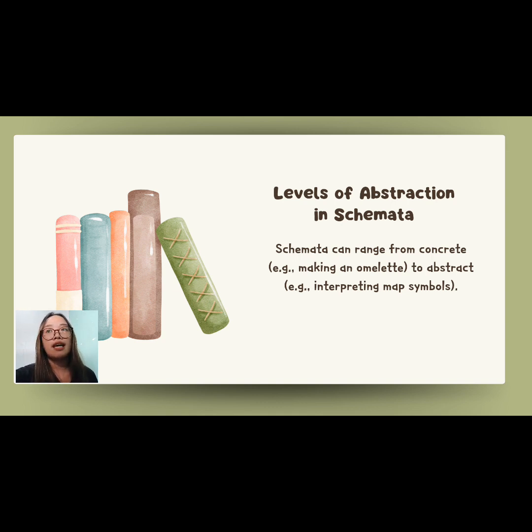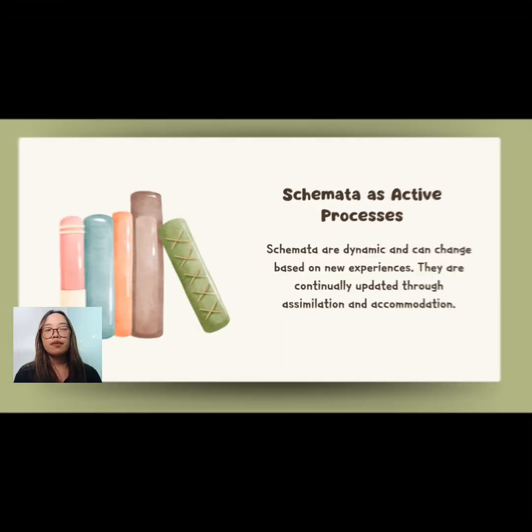Schemata can represent levels of abstraction. Some schemata may be concrete, such as the schema for making an omelette, and some may be abstract, such as that for relating symbols in map legends to real geographic properties.